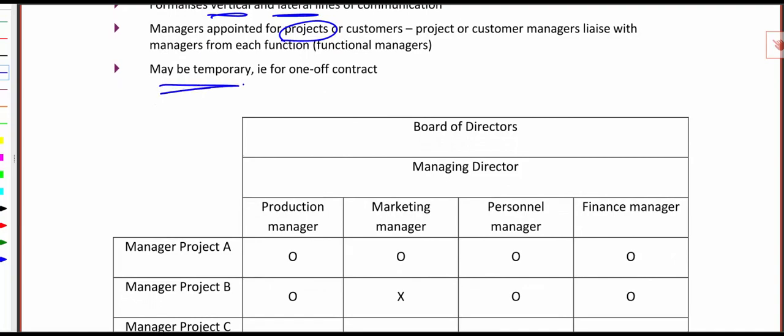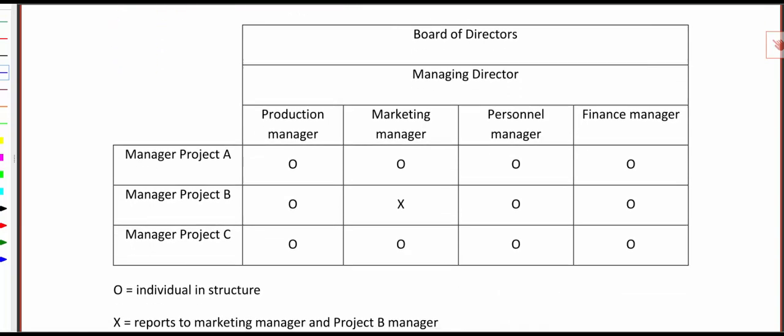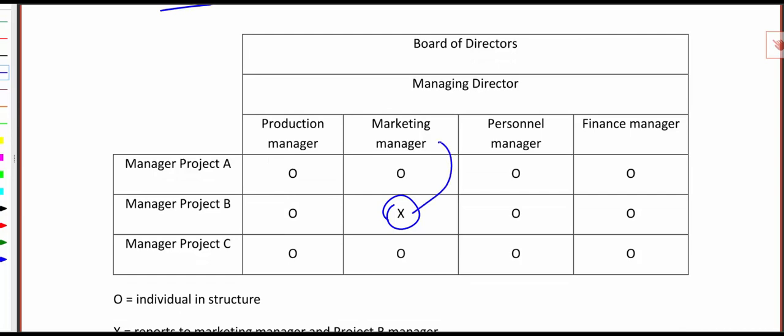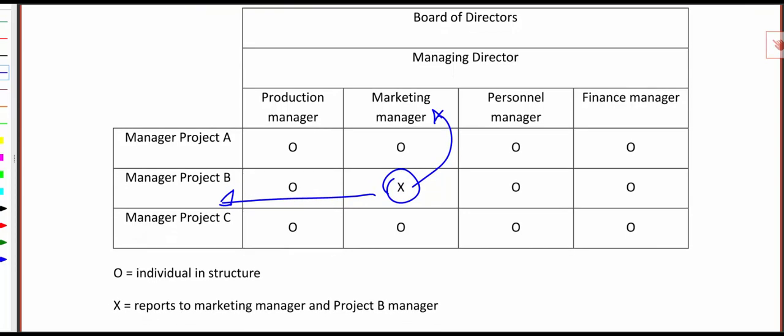Might be temporary, so if you've got a one-off project, and they've done a nice diagram underneath here to explain what's going on. So for example, our chap here, X, reports into both the marketing manager and also the manager of product B. So X might be a member of the marketing team who's just been taken out to work on a particular project, so now has two essentially people to report into.